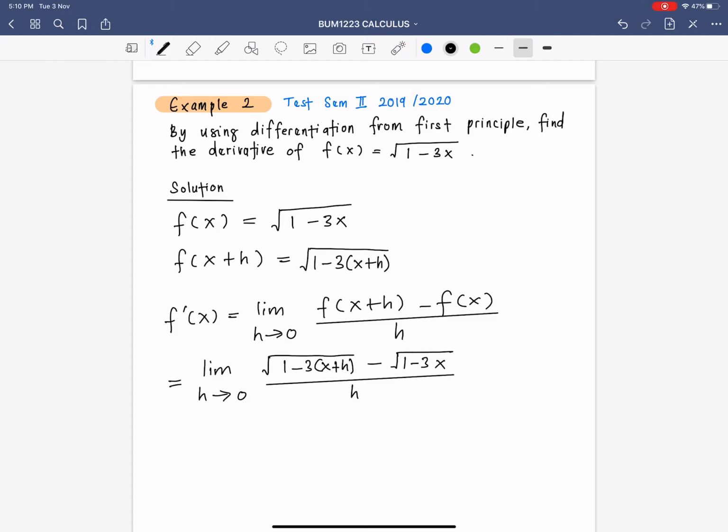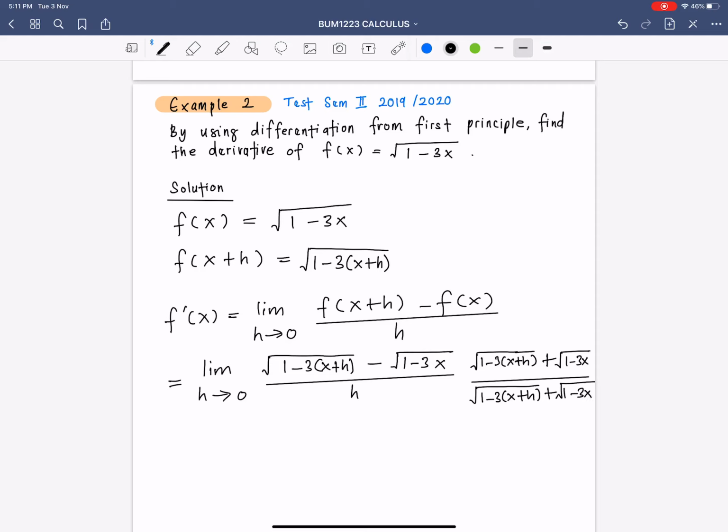In this case, the conjugate is square root of 1 minus 3(x plus h) plus square root of 1 minus 3x, since here we have minus, the conjugate changes it to plus. We multiply the denominator with the same conjugate, root of 1 minus 3(x plus h) plus root of 1 minus 3x.